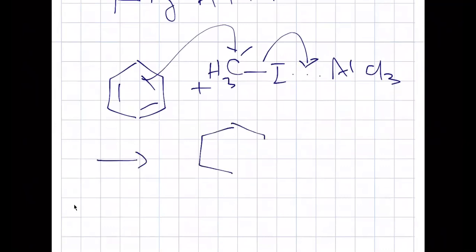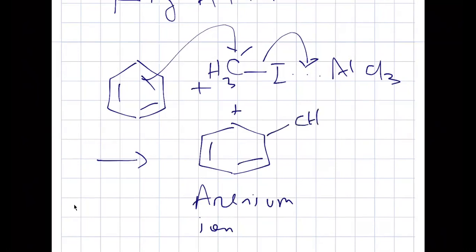All right. So when that happens, what I get from that is this intermediate. We call it the arenium ion. It's common to all of your electrophilic aromatic substitution reactions. Right. So that's my arenium, and then CH3 is here. Sorry about that.